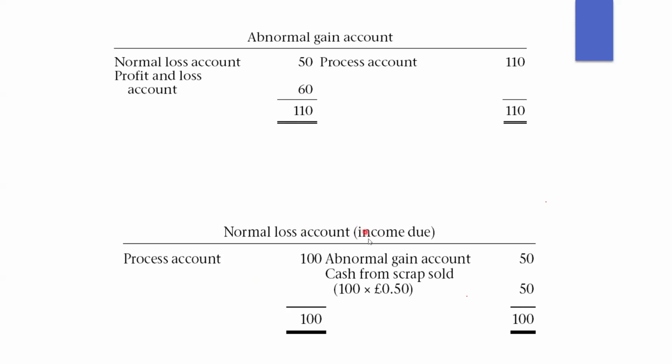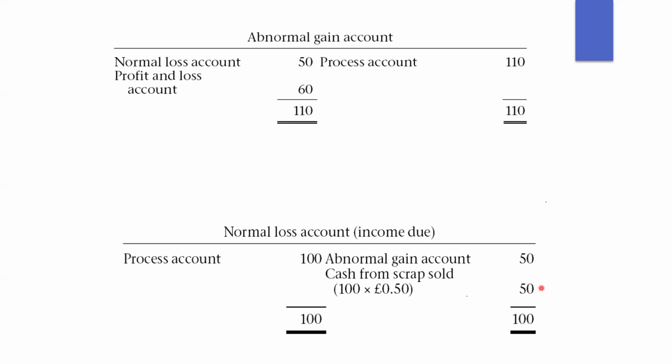Let's see the normal loss account. In the normal loss account, we are going to credit the process account and transfer it to the debit side of the normal loss account. Out of here, we can remember this 200 normal loss is sold at 50 each.